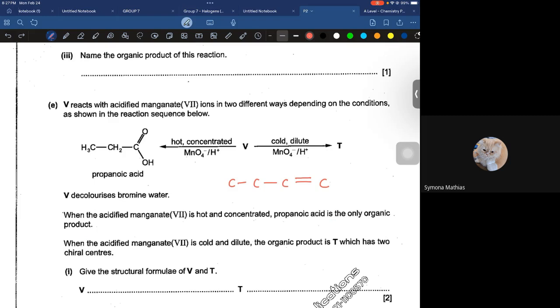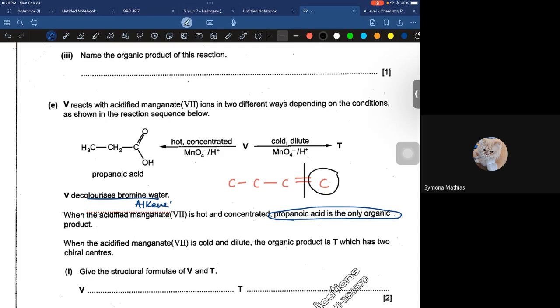So 100%, this is an alkene, because alkenes decolorize bromine water. And then propanoic acid is the only product. So suppose you say this is butene. If I do the reaction, this bond would break down.